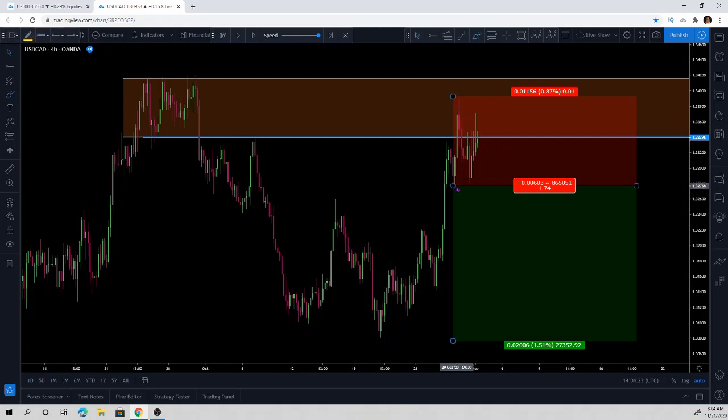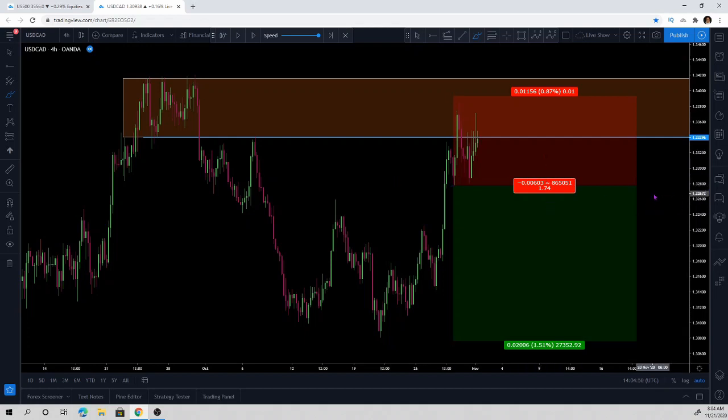Because if we break, I would put a buy stop at the bottom of this kind of a double bottom. This would be my entry, and my first target would be, of course, the bottom of the current market structure. This is very logical. I'm going to talk about second targets in a bit.